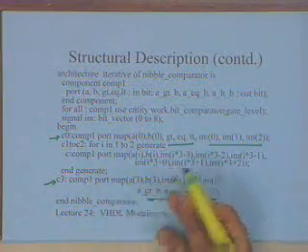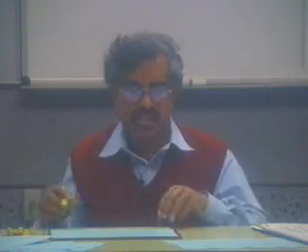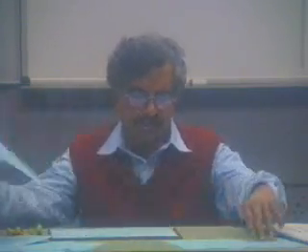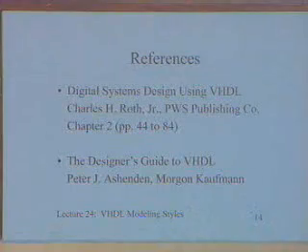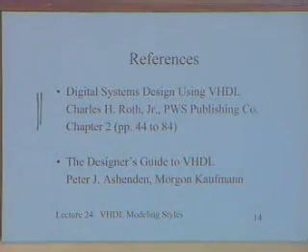We will now take up the other architectural styles, as well as behavioral and RTL descriptions, in the next class. All this material is available in a fairly compact form; somebody can take this and Xerox it. This is chapter 2, pages 44 to 84.